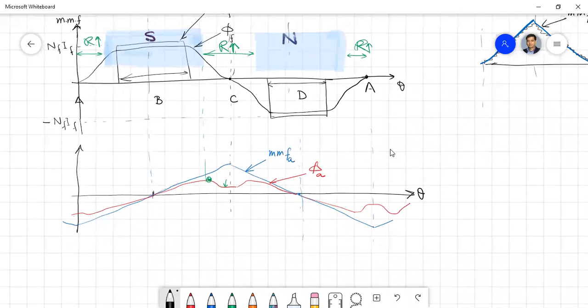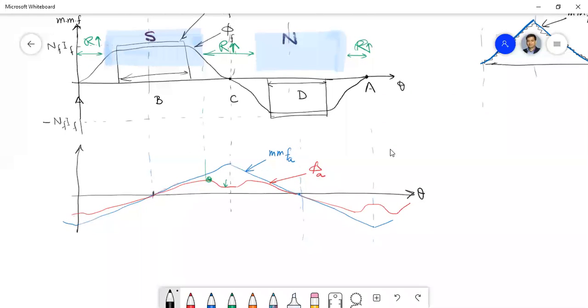Accordingly we got the flux distribution, similar, but in the interpolar region where you have very high reluctance, there is a drop in the flux. So this we saw in the last class. Actually we drew two things: the MMF distribution and the flux distribution.